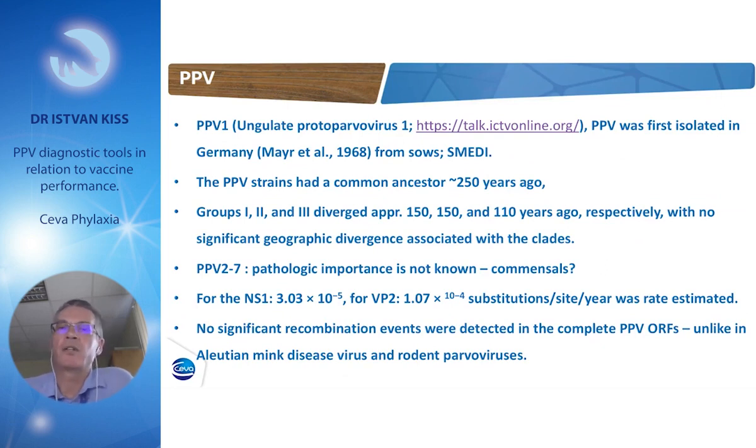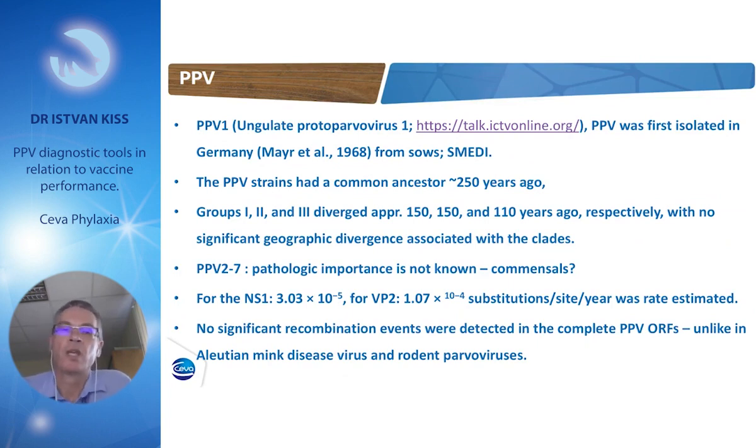We have to note that there are other genetic groups of PPVs, from 2 to 7 as far as we know up to now, but their pathologic importance, at least to my latest knowledge, has not been established. So they might even be commensals or can take part in mixed infections. Parvoviruses as DNA viruses were long considered very stable from a mutation and variability point of view, but it turned out that they are really variable viruses with a high mutation rate.